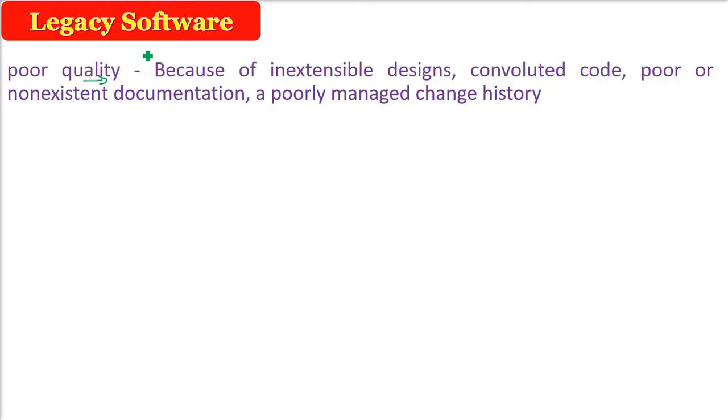The quality is a problem here because in legacy software the designs are inextensible. Once it is made, you cannot extend it. Convoluted code means very hard code, very difficult to understand. The documentation is either very little or not there. The maintenance history, what changes were made, is not there.